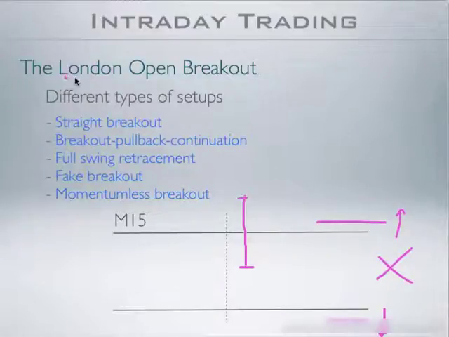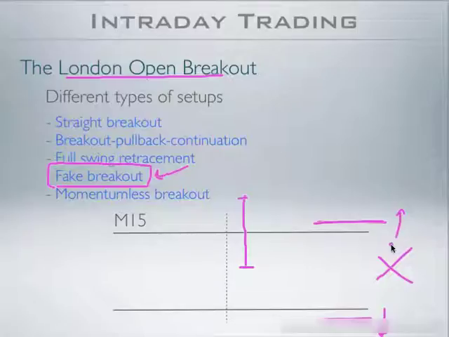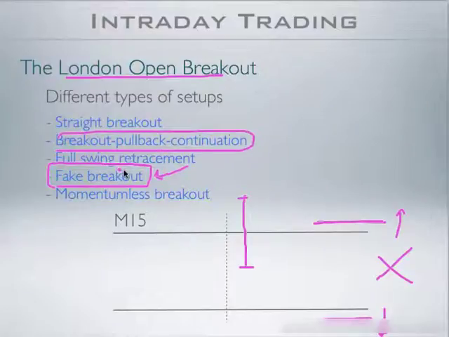Because the London Open breakout is prone to fake breakouts, and if you just do that, you will be caught up in many fake breakouts. That's another type of price pattern we're gonna see in a moment. As a whole, you never want to simply put a buy or sell order a few pips beyond the range boundaries. What you want to do is to base your entry around that breakout pullback continuation pattern.